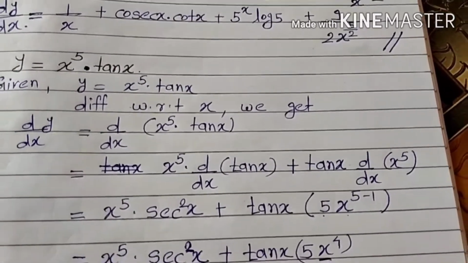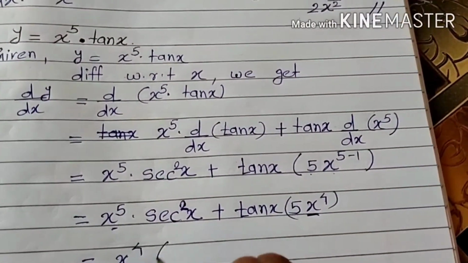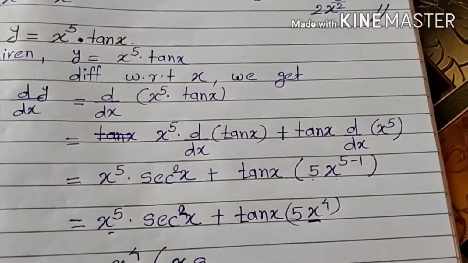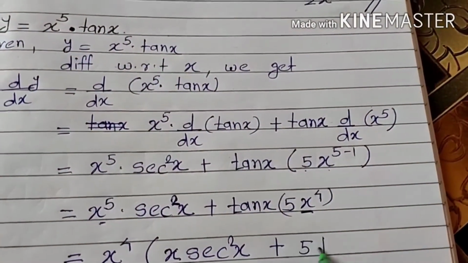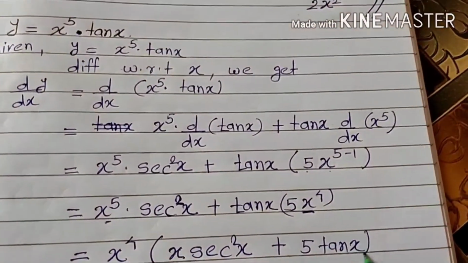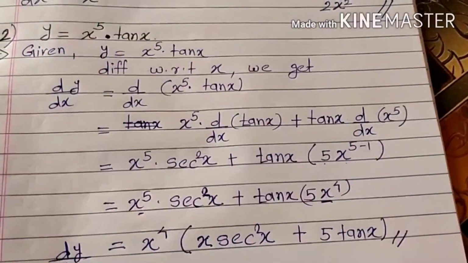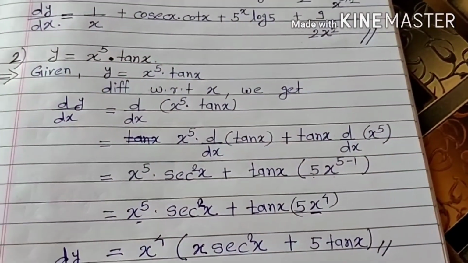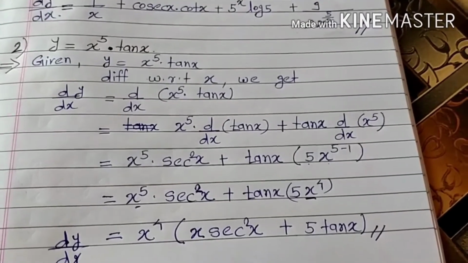Take x raised to 4 common. So here x raised to 4, here remaining x, sec square x, and this is plus 5 tan x. So this is our derivative. It is very simple. By using product rule, we find here our answer.